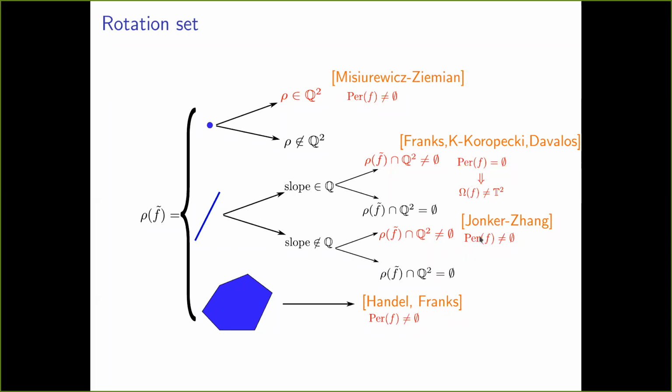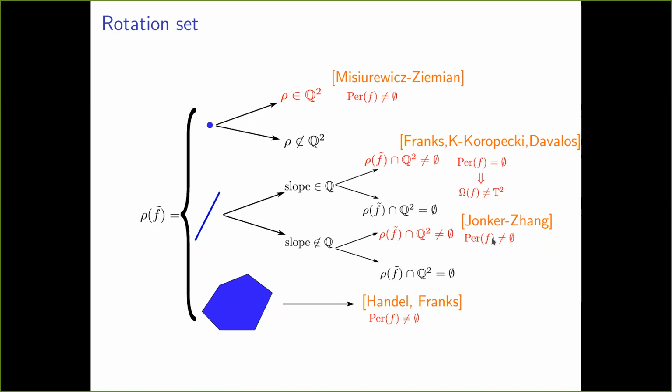On the other hand, you have the result of Jäger and Passeggi. They showed that if the slope is irrational, you can only have one rational point inside the rotation set, or none. If you have one rational point, then this rational point is realized by a periodic orbit.